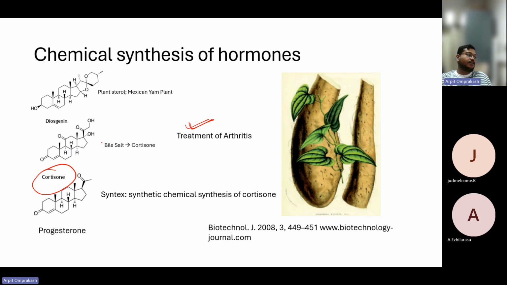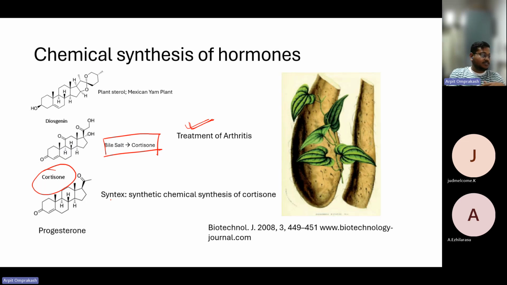The way it was produced before was that bile salt was used as a precursor to produce this hormone, cortisone. Companies would have slaughterhouses, from where they take bile salts from animals that are slaughtered and use that to create cortisone. But that's a very expensive process because not a lot of cortisone is generated that way. It's not a high yield, and also you need a lot of bile salts.